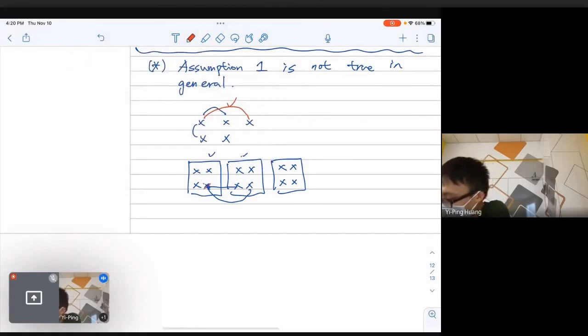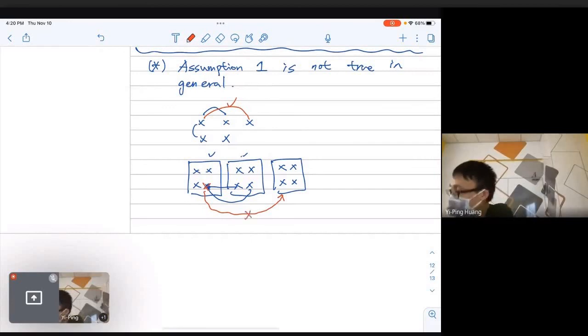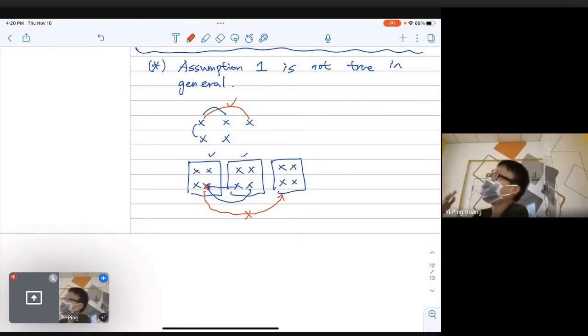It means you need to have this spin directly coupled with the spins at the next nearest neighbor block. But from the microscopic model, this process doesn't exist. So assumption one in general is not true, but as a way to develop the idea, we still take this relatively restricted assumption and see what we can get. And later we will see how to fix it in an appropriate way.